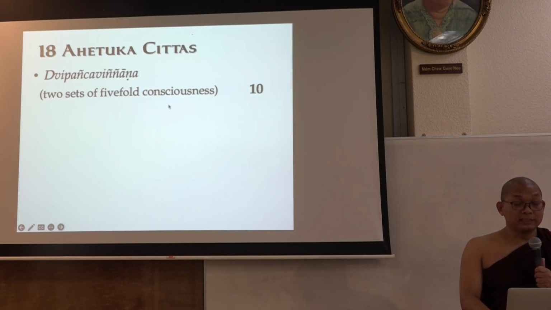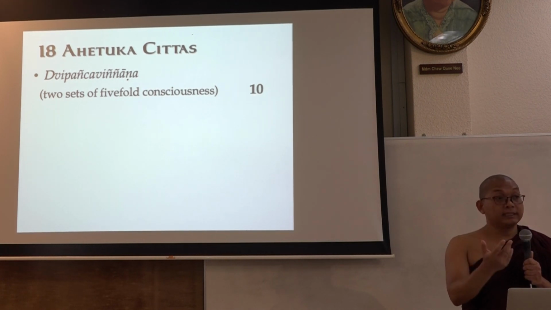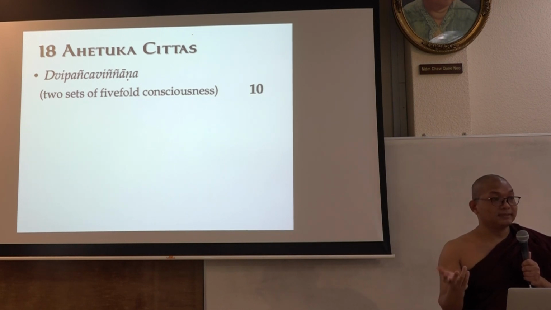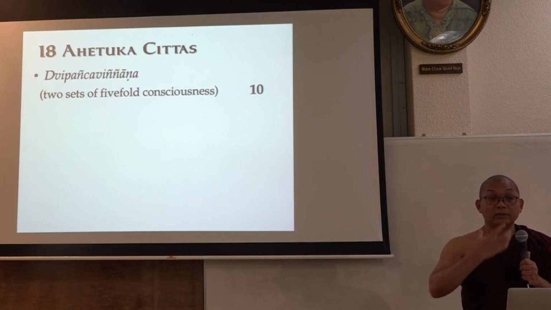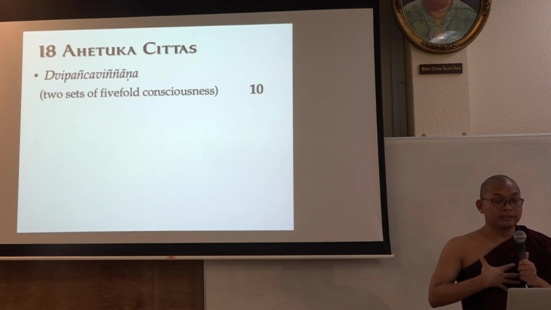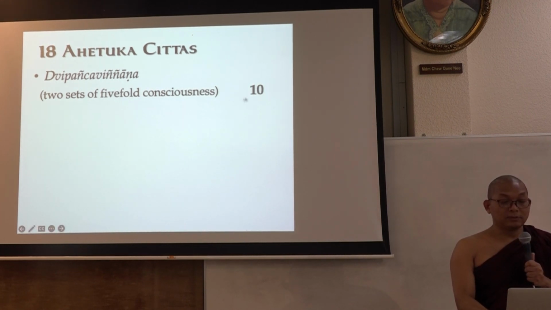That means 2 types of eye consciousness: eye consciousness when you see pleasant things and when you see unpleasant things, right? Similarly, 2 types of ear consciousness, 2 types of nose consciousness, 2 types of tongue consciousness, and body consciousness. Altogether 10.